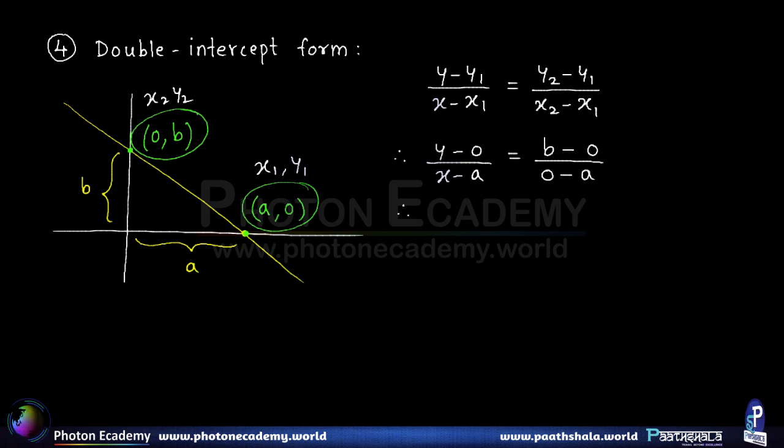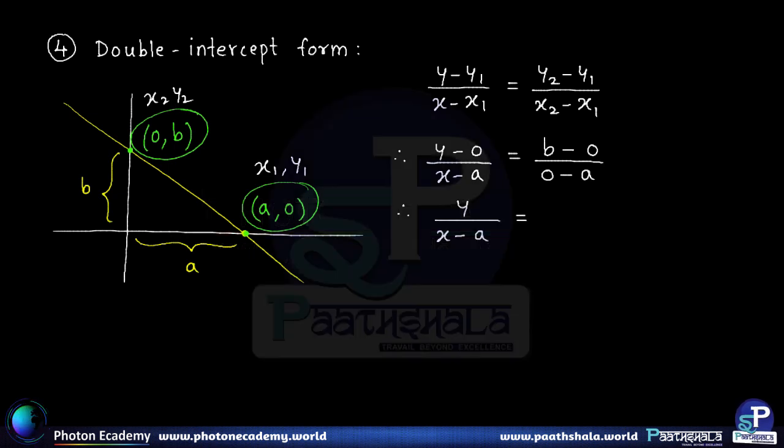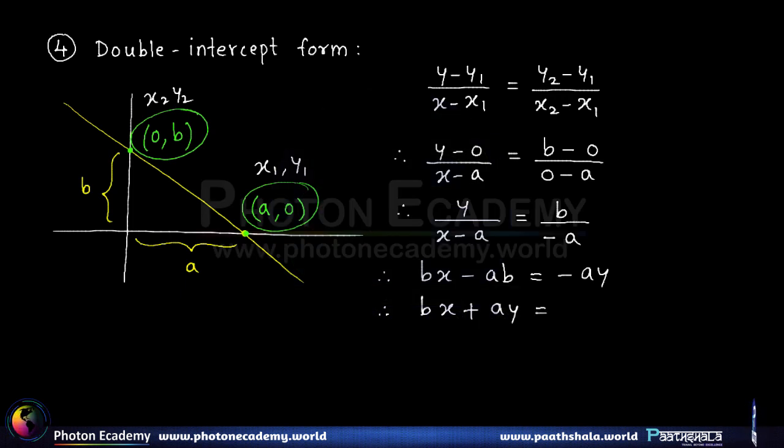Let us solve this. We get y upon x minus a is equal to b upon minus a. On cross multiplying we get bx minus ab is equal to minus ay. Transferring the terms we get bx plus ay is equal to ab, and if we divide throughout by ab, we get x upon a plus y upon b is equal to 1.